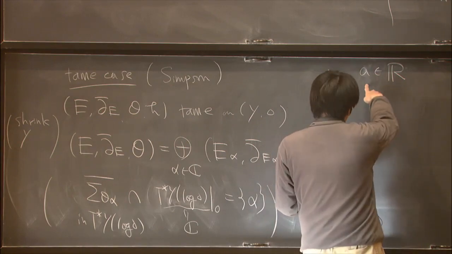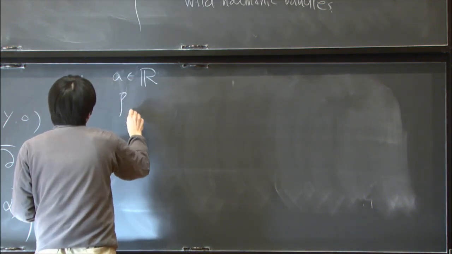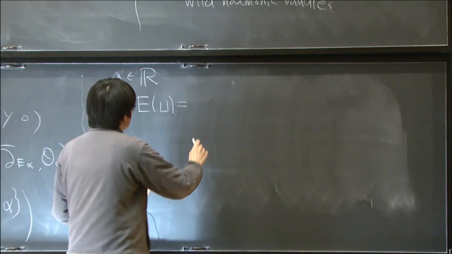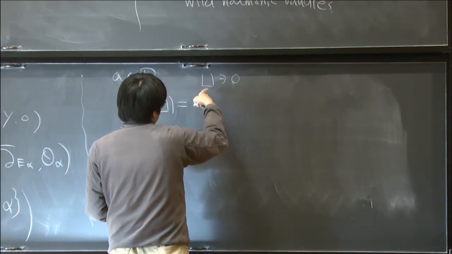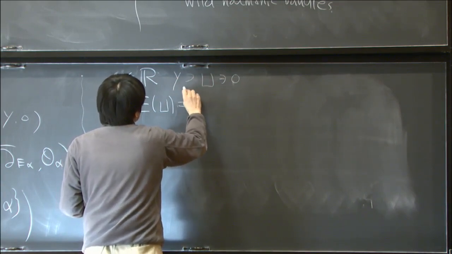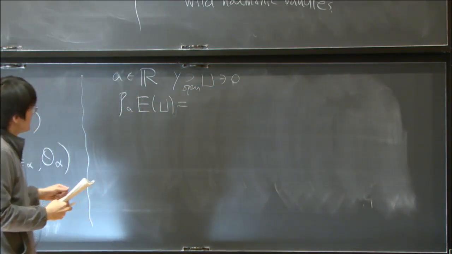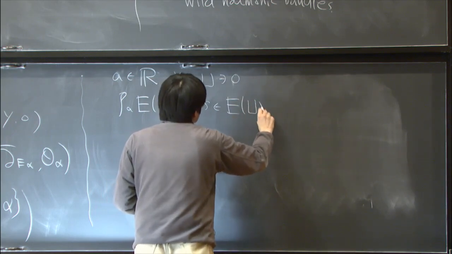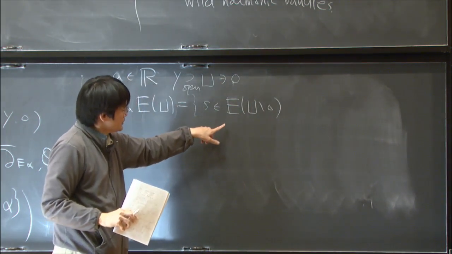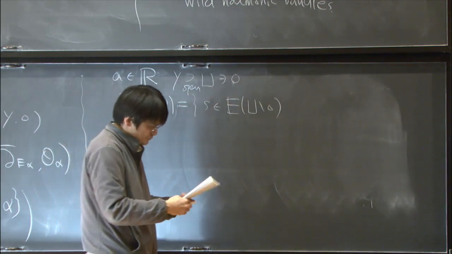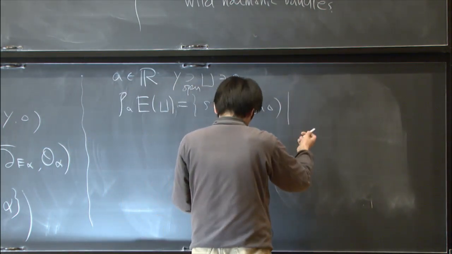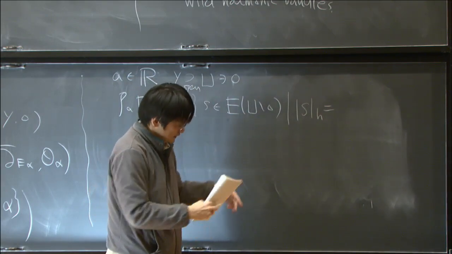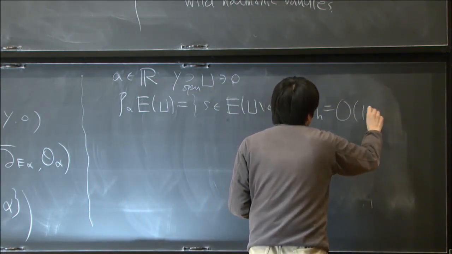So for any real number a, let P_aE(U) denote, if U is an open subset of Y which contains 0, the space of holomorphic sections of E over U minus 0 such that its norm with respect to h is dominated in this way.